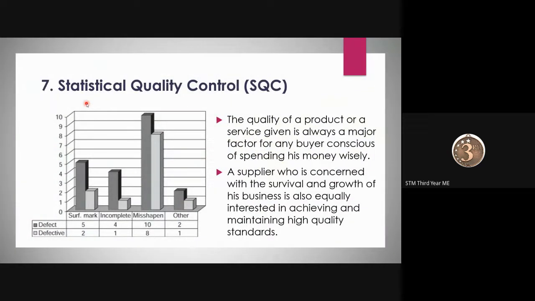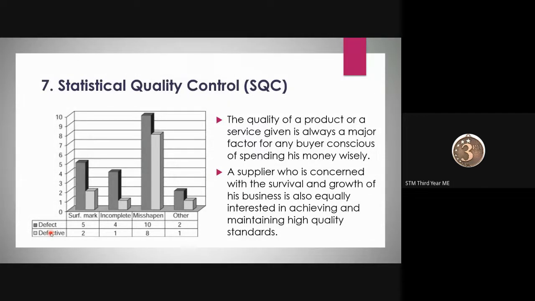So you can see here how quality is stated. There is a defect and a defective product. A defect means a product has shown a singular defect. Defective means the product will fail within a short period of time.